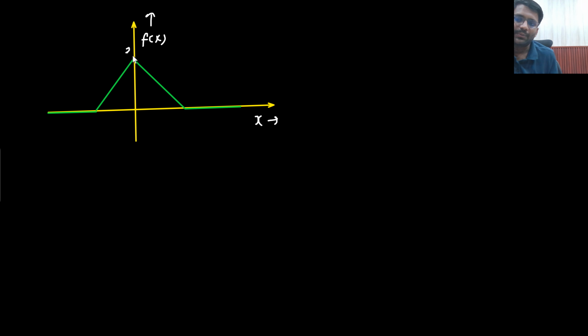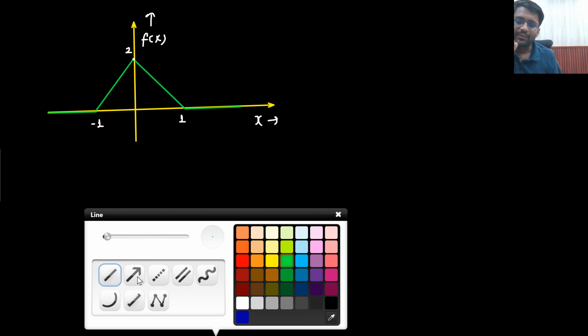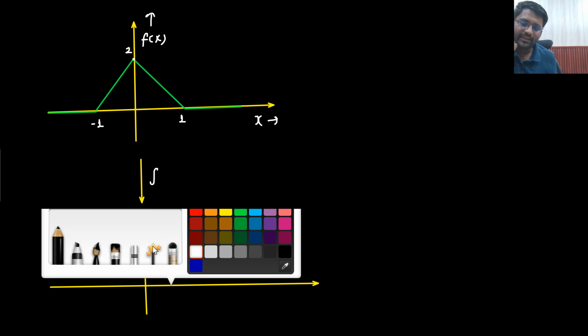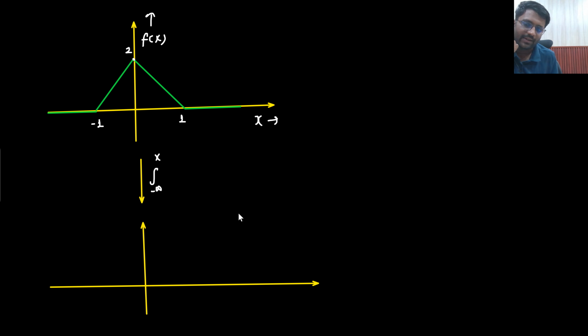Let's just say this value is 2, whatever it is, this value is minus 1, this value is minus 1. What will be the integration of this? You will start the integration from minus infinity till a random x. So let's say, sir, I integrated from minus infinity to minus 1. Till this point, sir, there is no area, the answer will be 0 only.